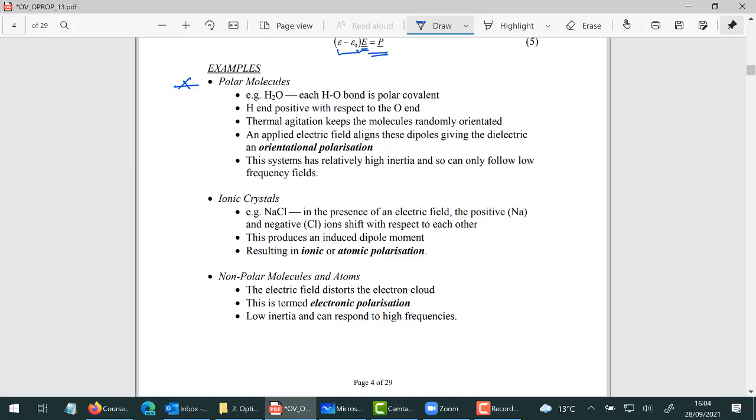If we were applying an electric field across that, then the positive and the negative ends would start to line up, and what we get is the molecule actually rotating around to line up with the electric field. So that's referred to as orientational polarization.